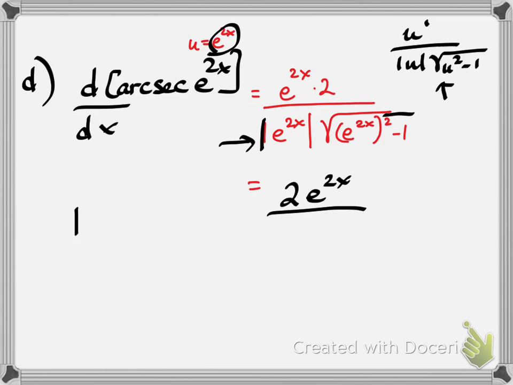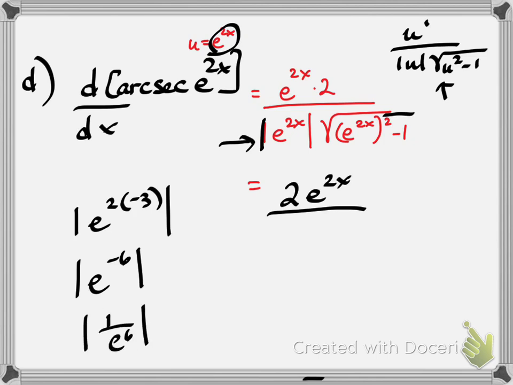Well, what if x was a negative number, like -3? Well, that would say that it was e to the -6. But that doesn't make e negative, it just means it's 1 over e to the 6th. E is still 2.718 approximately, so it's still a positive number. That negative power just flipped it, so we don't need the absolute value bars.